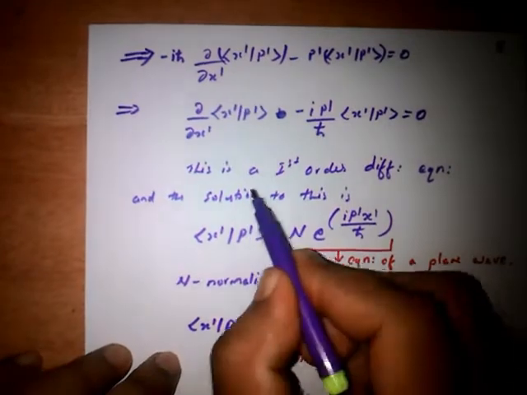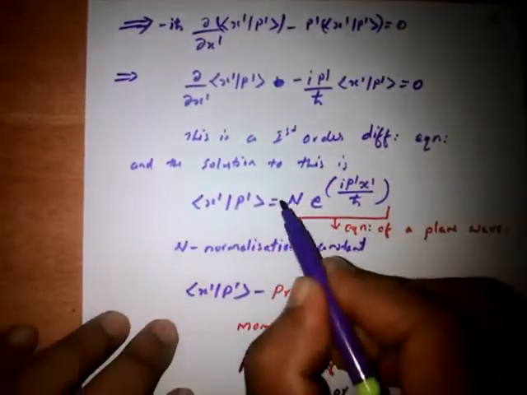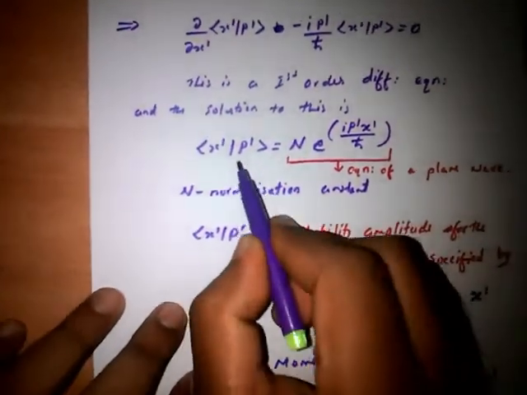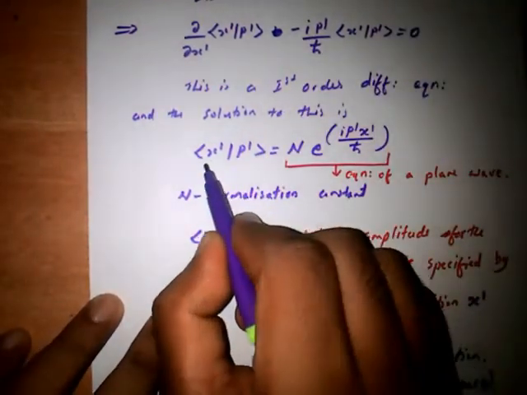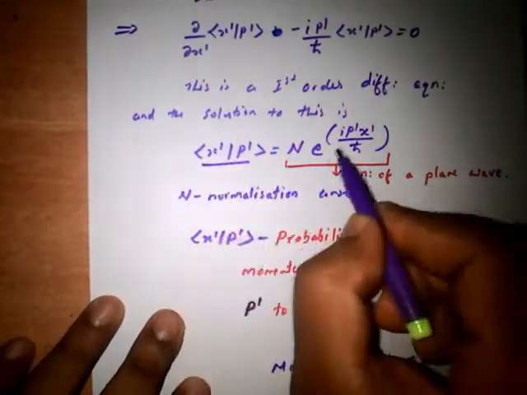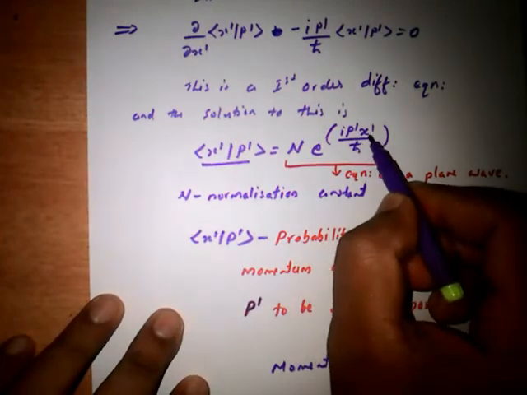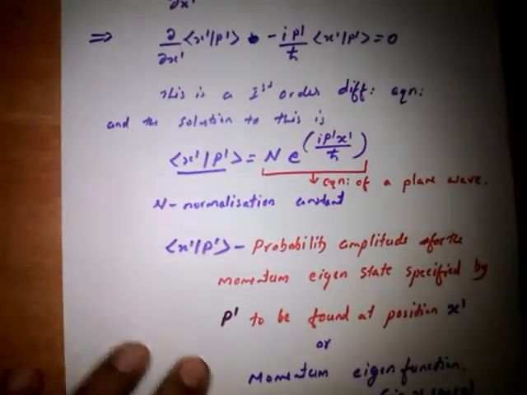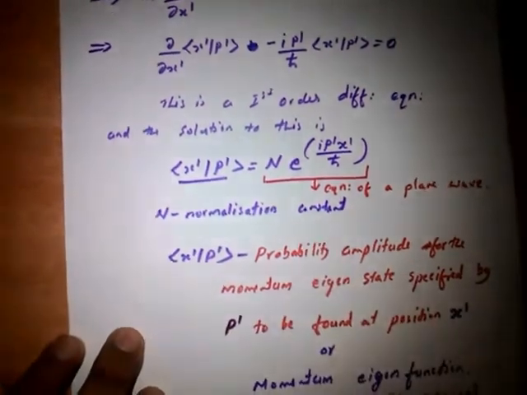This is a first order differential equation, and the solution is x dash p dash equal to n e raised to i p dash x dash divided by h cross, where n is the normalization constant.